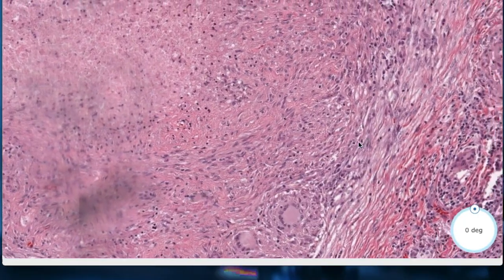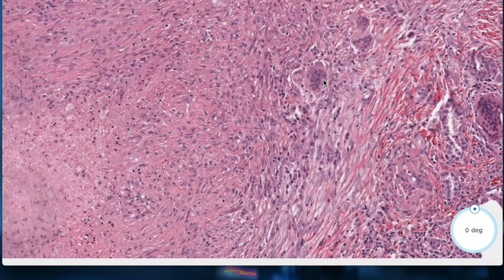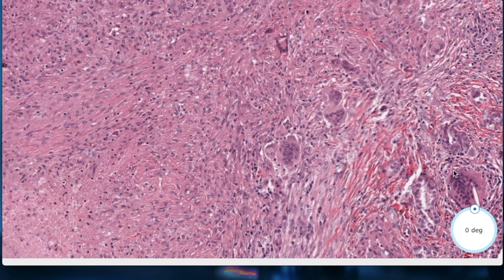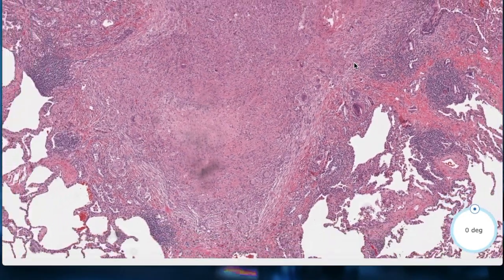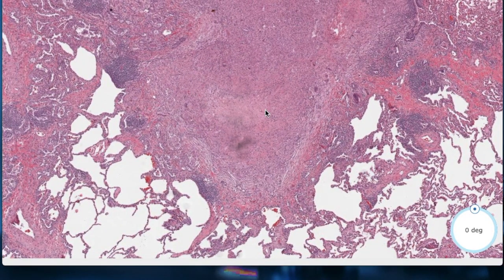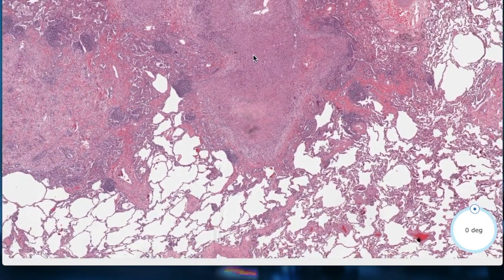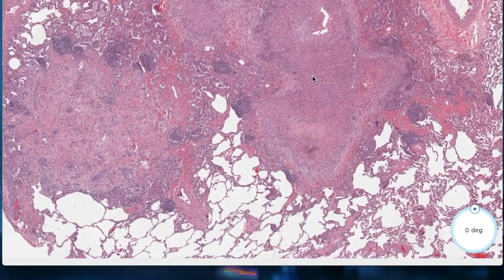And if we look, we see giant cells. These are multinucleated giant cells, even forming a horseshoe pattern of Langerhans giant cells. Florid examples, very nice example of TB granuloma.